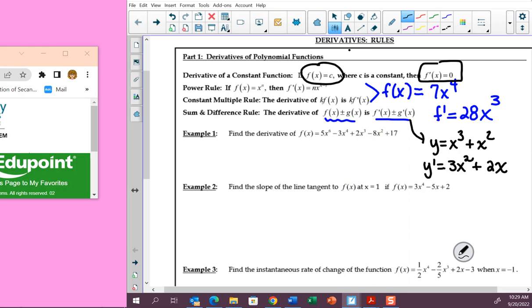If we have a function like f of x equals 4, which is a horizontal line through 4, the slope of any horizontal line is 0. f prime of x for f of x equals 4 would be 0. The derivative of a constant is always 0.